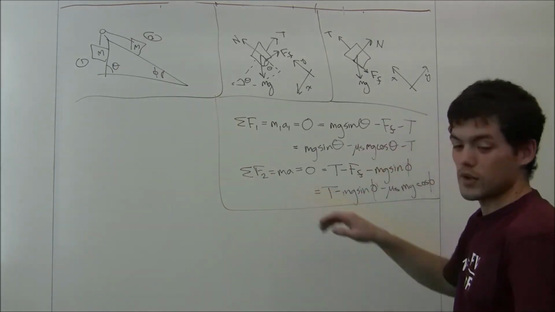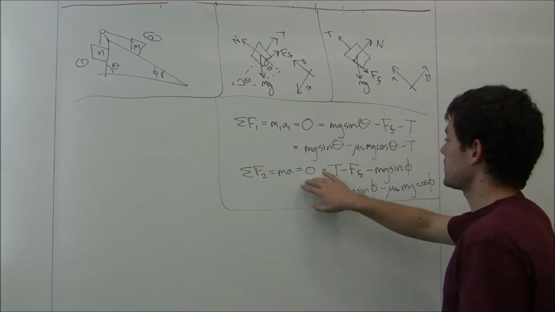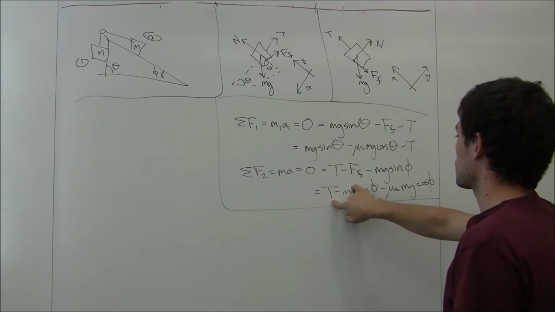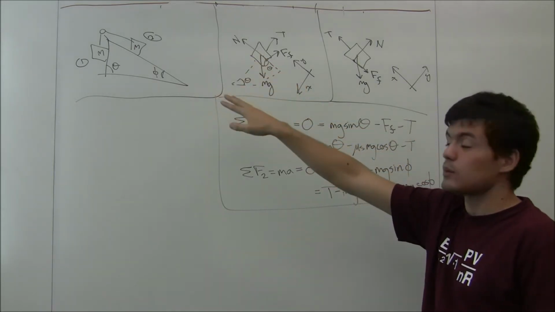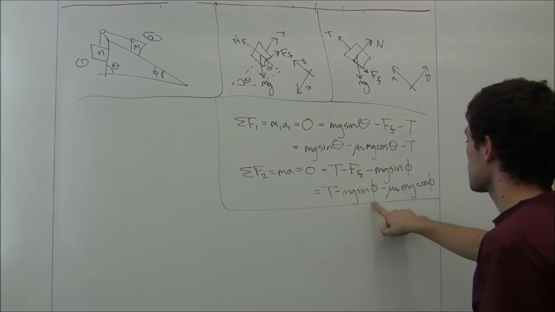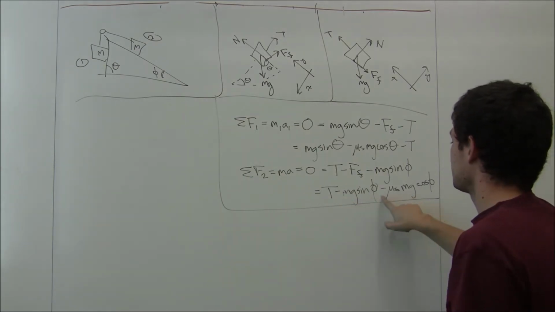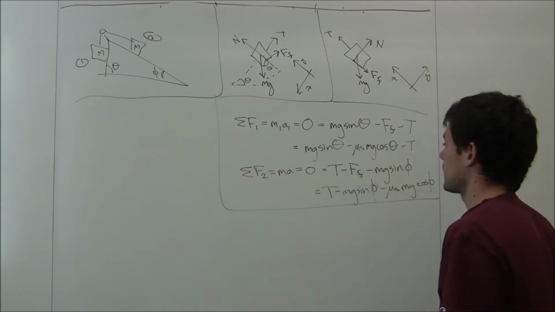And so now, since we have both of these equations, both of these accelerations are 0, which means that these tension forces, which have to be the same because the string is massless, so the tension is the same at both ends, have to cancel out these other forces.